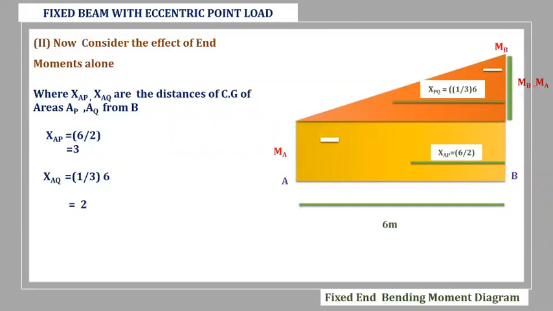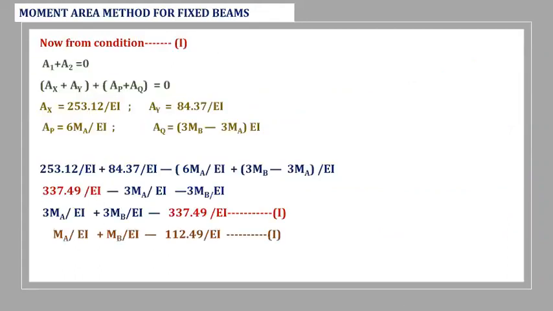Right, thank you. Now, from condition 1, A1 plus A2 equal to 0. First I will take one condition. A1 plus A2. So A1 we can divide into AX plus AY. From the next problem onwards, directly you can write the numerical values.